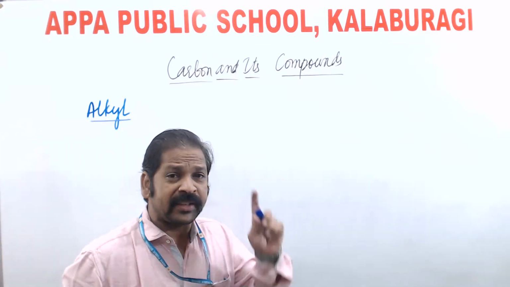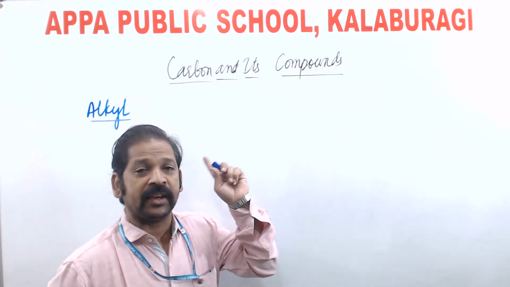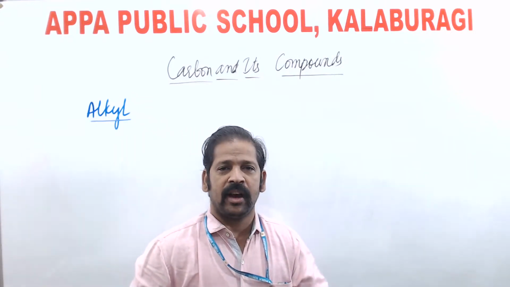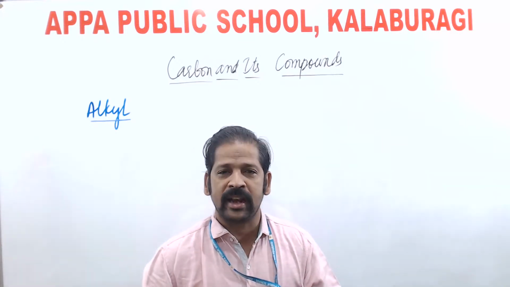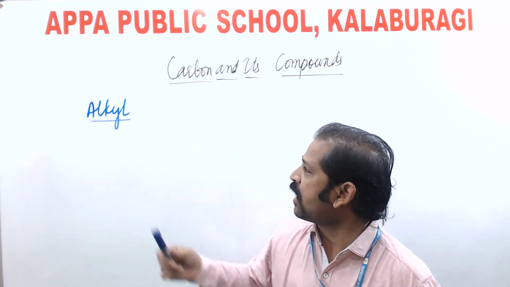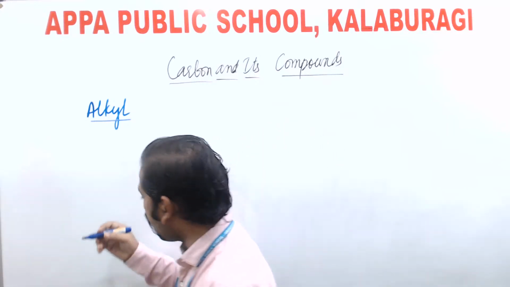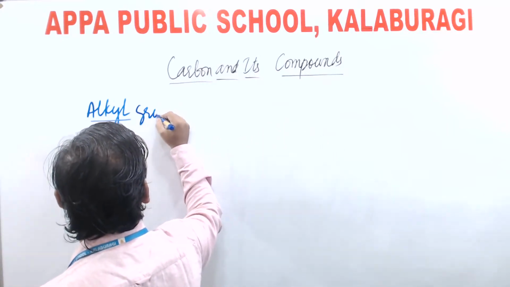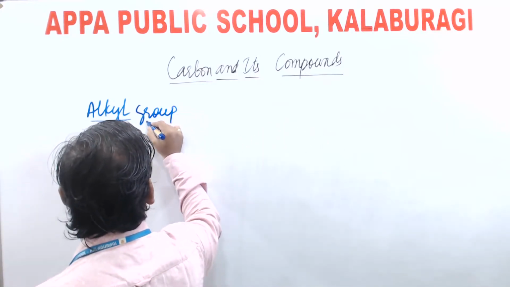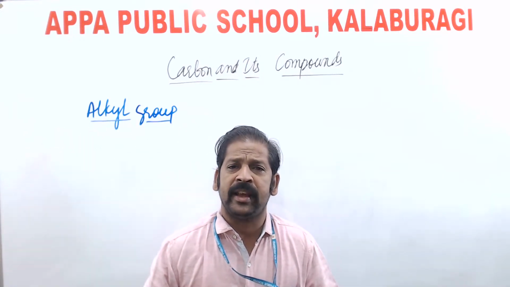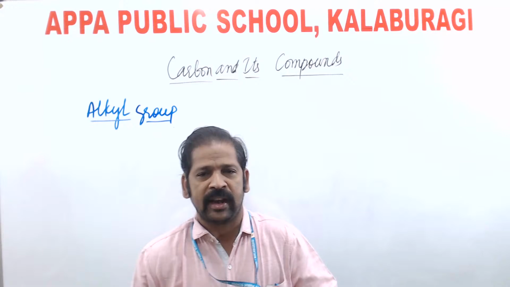The word is alkyl, ALKYL. Now the word is not alkane, not alkene, not alkyne. It is alkyl, the alkyl group. What difference is there between alkane and alkyl?